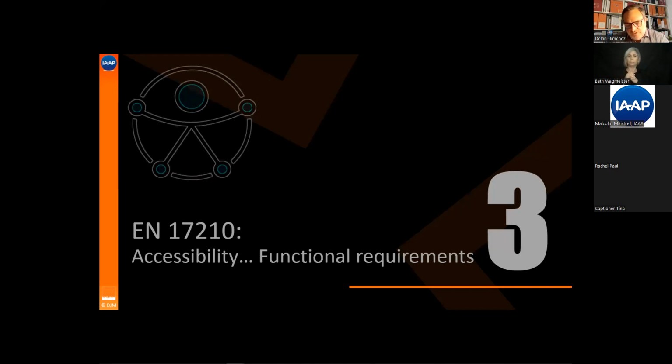At the end, if you have some questions, we can talk about that. But there is not any time, so let's go with the second case study. The second case study is the standard EN 17210, accessibility and functional requirements.